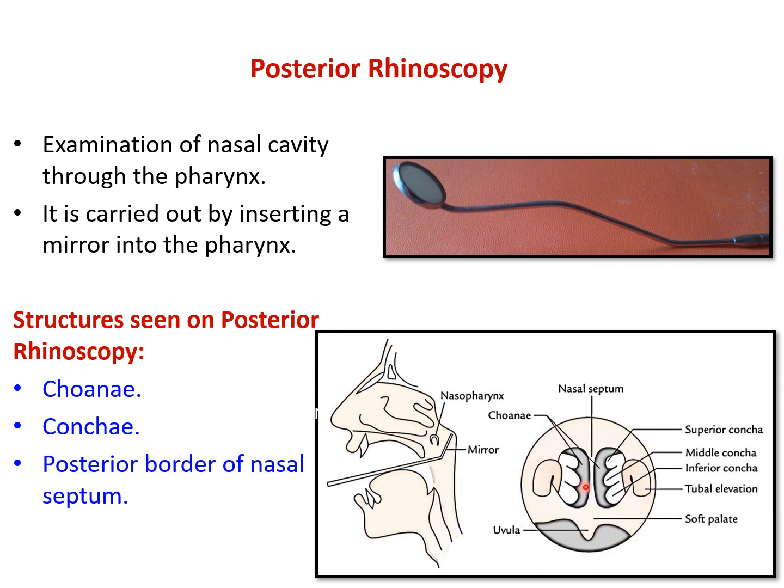So what all can be seen here? The choanae, that is the posterior nasal apertures, can be viewed. The conchae can be viewed through the posterior nasal aperture, and the posterior border of the nasal septum can also be observed via posterior rhinoscopy.